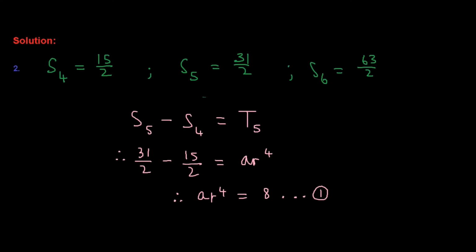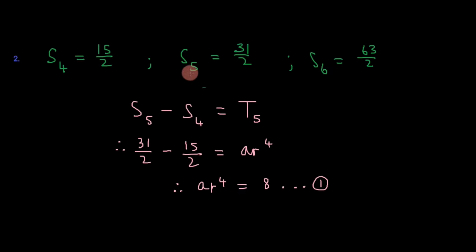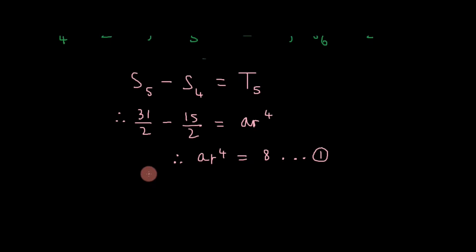Then similarly, S sub 6 less S sub 5 will give us the sixth term. So the sum to 6 terms less the sum to 5 terms will give us the sixth term.